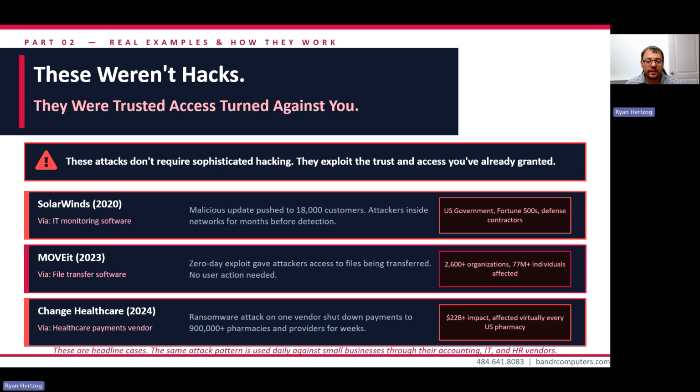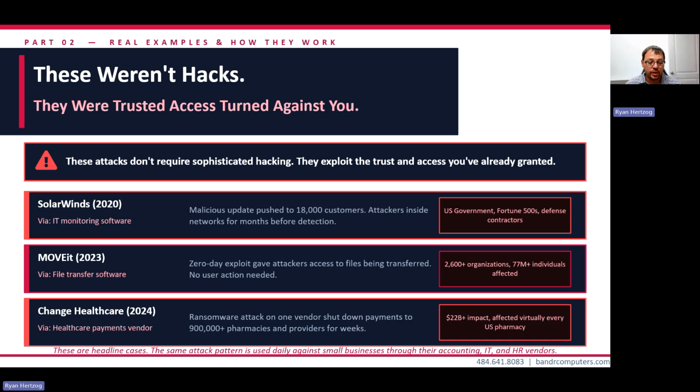Attackers were able to intercept and see files that were being transferred without the user having to allow it. It was a huge compromise: 2,600 plus organizations, and over 77 million individuals affected. That was a lot of files, a lot of accounts, a lot of organizations affected in one breach.